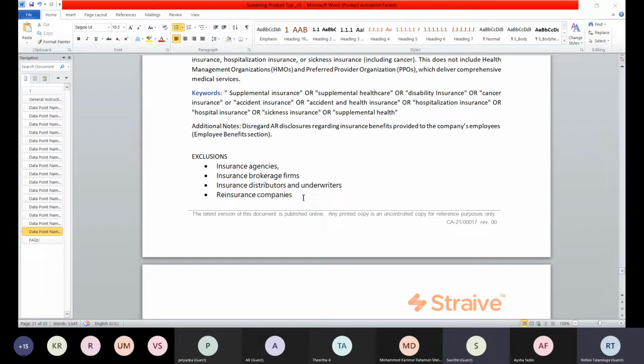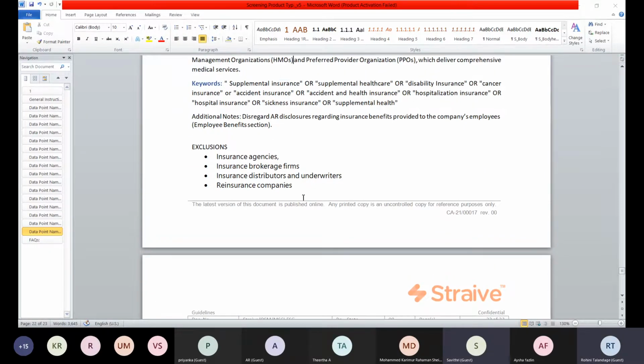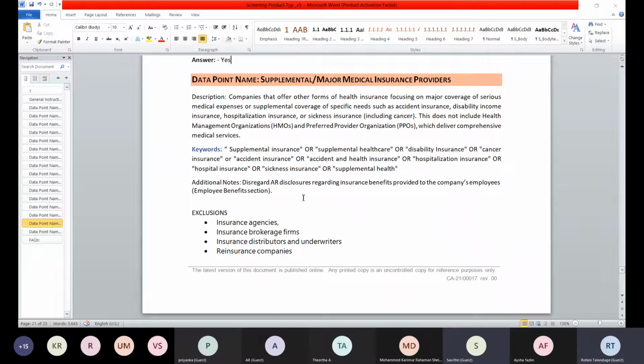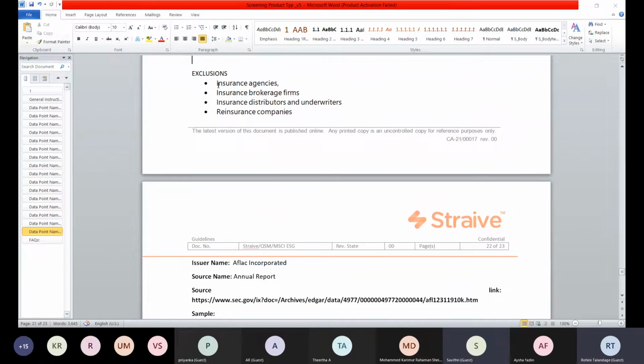If this insurance benefit is provided to the company's employees, then we cannot consider them as medical insurance providers. And for that we also have some exclusions like insurance agencies and insurance brokerage firms. All these are exclusions. In this case, we have to mark it as no.